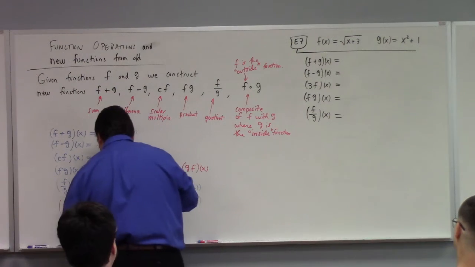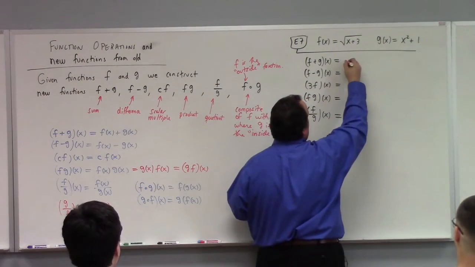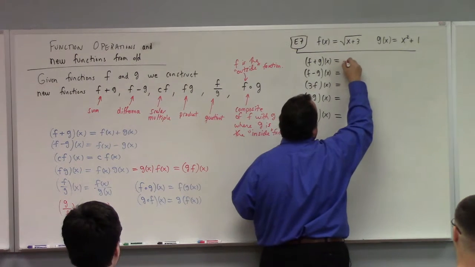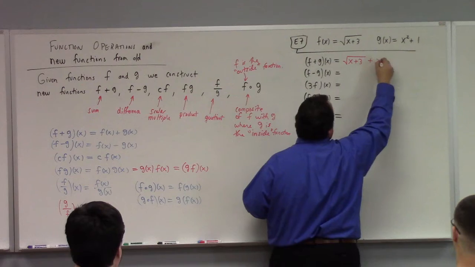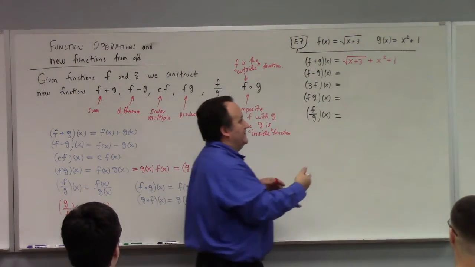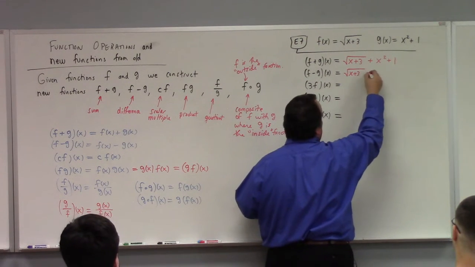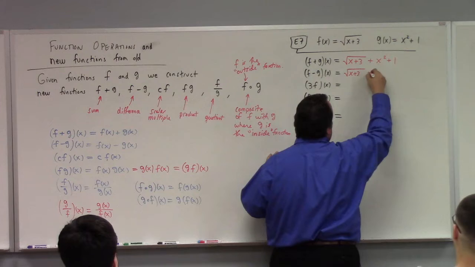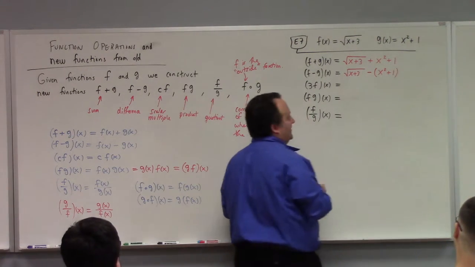So you guys tell me, what's the formula for f plus g? It's just what? f of x plus g of x, which in this context is the square root of x plus 3, right? Plus x squared plus 1. There you go. And of course, the other one is kind of just the same thing with a minus, right? But be careful. That minus has to apply to both of those terms.